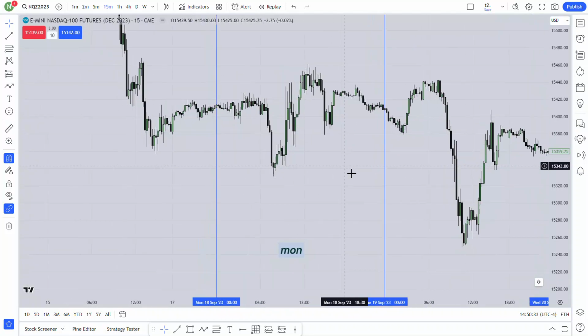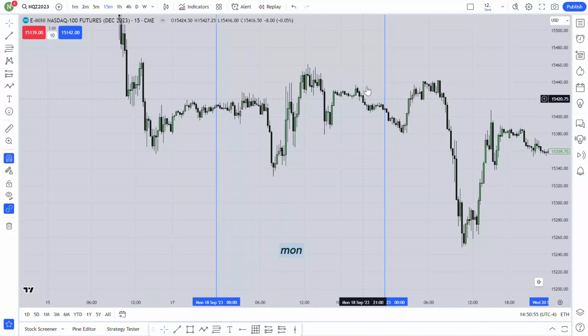Now, will you expect the price to start its journey on Monday and go straight lower? No, it won't go that way. Sometimes it can, but not every time. On Monday you will expect some kind of liquidity making. On Monday it actually makes the liquidity.